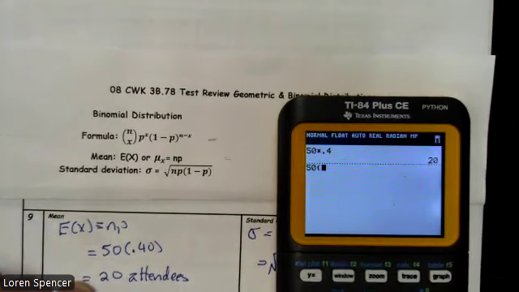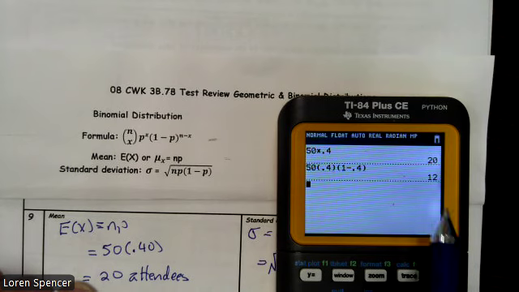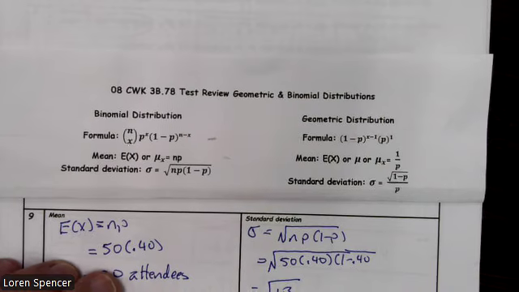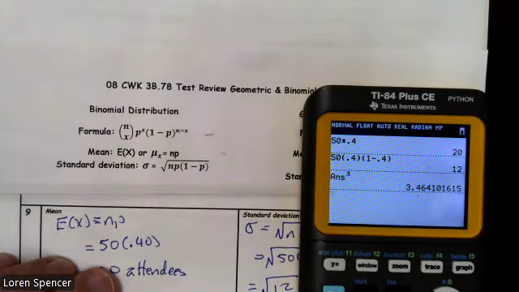So 50 parenthesis 0.4 parenthesis 1 minus 0.4. That gives me 12. So equals the square root of 12. And I'm just going to raise that to the half power. And that's 3.4641.